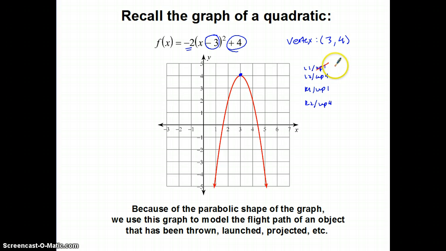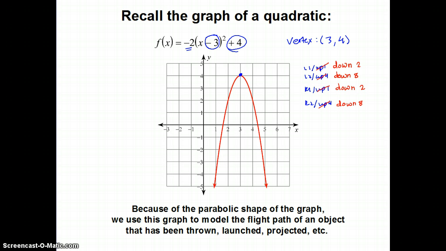So instead of up 1, I'm going down, and 1 times 2 is 2. Instead of up 4, the negative causes the up to become a down, and multiplying 4 by 2, I get 8. Again, instead of up 1, the negative causes the up to become a down, and 1 times 2 is 2. Instead of up 4, I go down 4 times 2, which is 8.